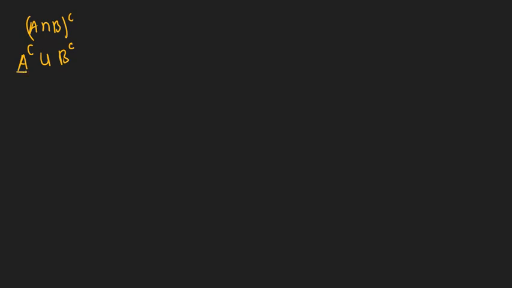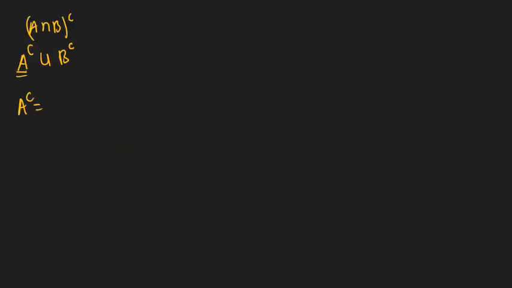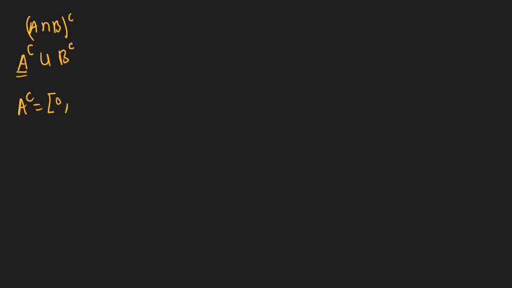Let's first of all find this guy. A complement is this particular set. From here up to there, so that is going to be from 0 up to 1, where 1 is not included.